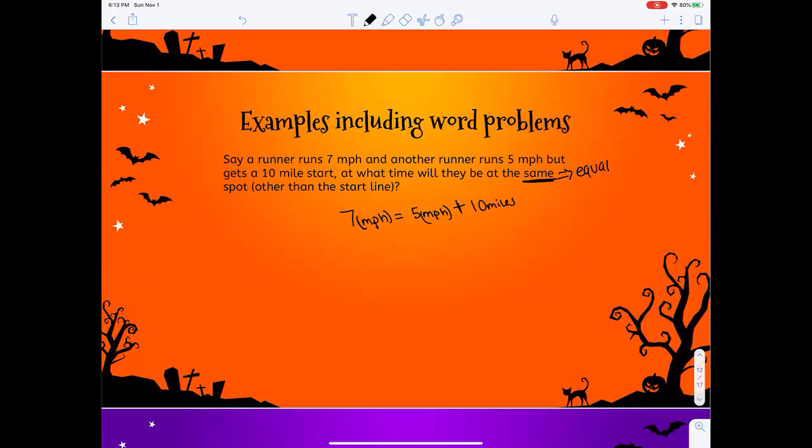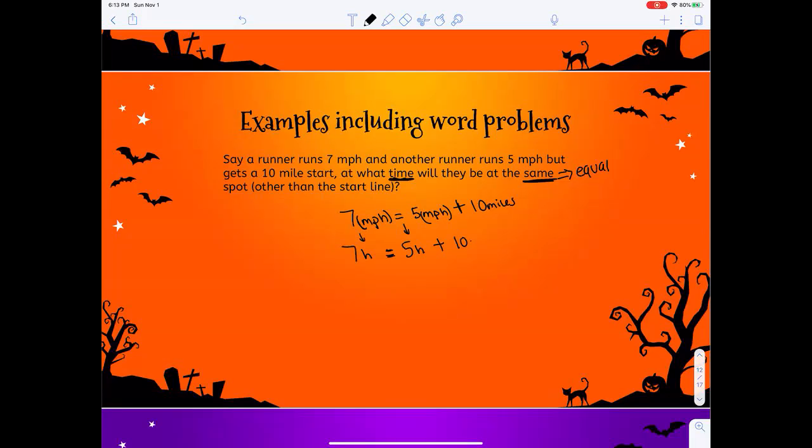So I'm just going to use h, for hours. I'm going to put 7h equals 5h plus 10 miles, which we're not even going to put units for. What I want to do now is solve for h. At what time, hours, right? That's what h is. Will they be the same? Will they be equal?